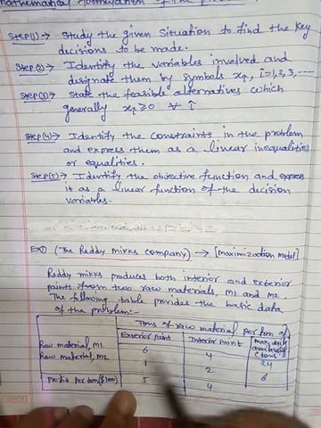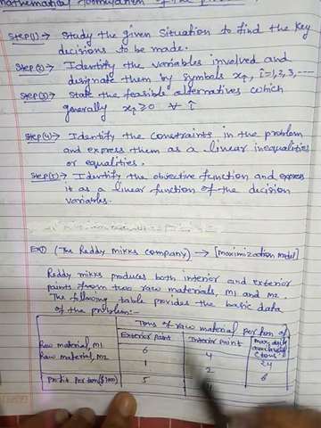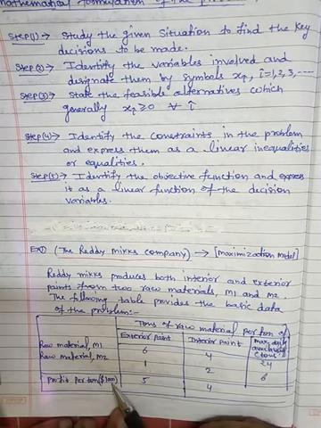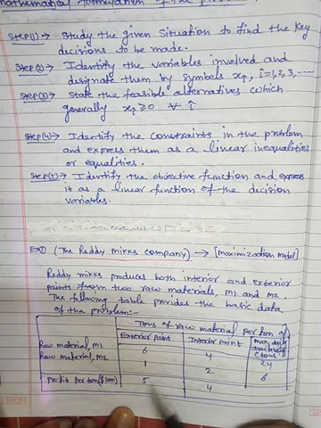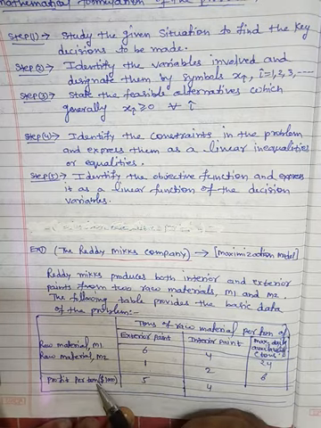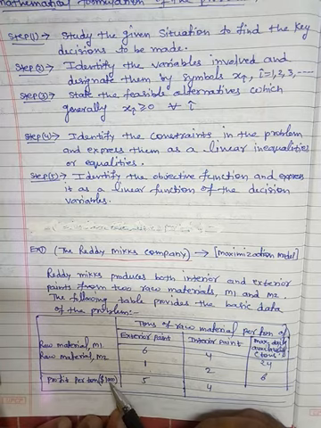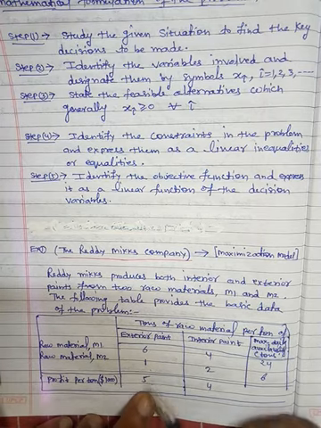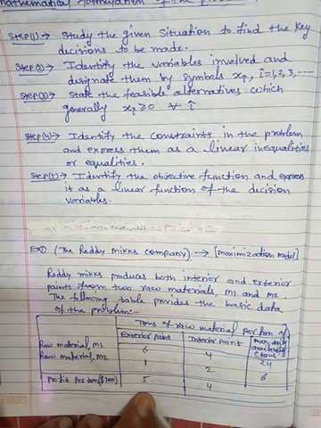And the profit for exterior paint per ton is 5 into $1,000. That means $5,000 is the profit on each ton if they are producing exterior paint.